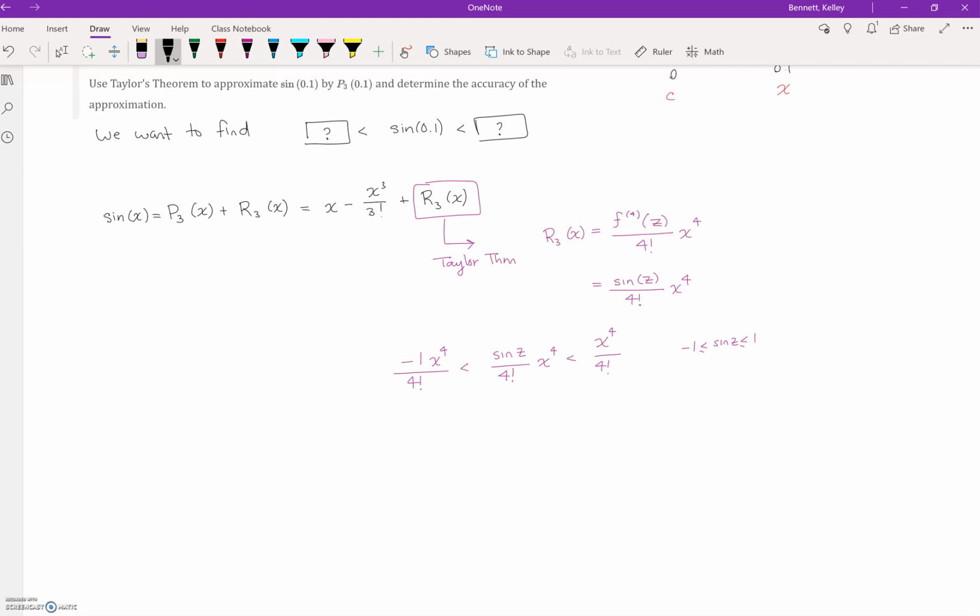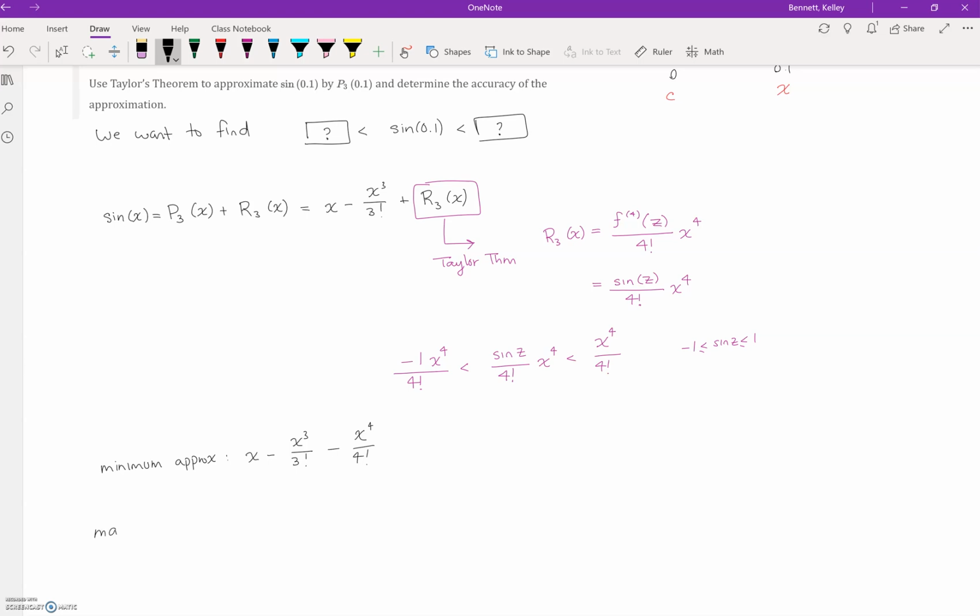So the minimum approximation for P3 is going to be x minus x cubed over 3 factorial minus x to the 4th over 4 factorial.